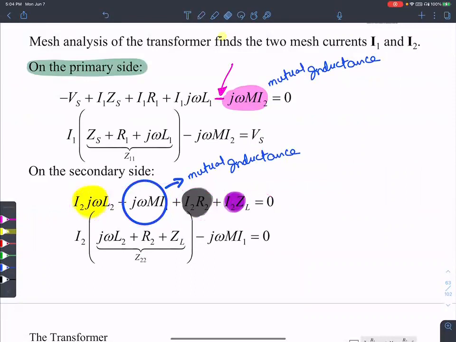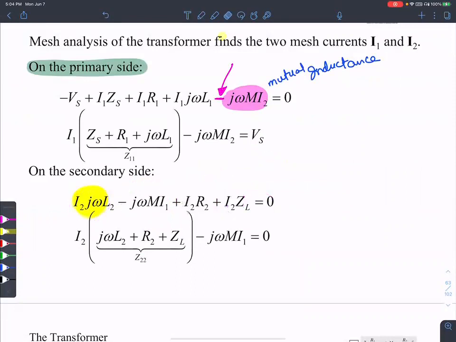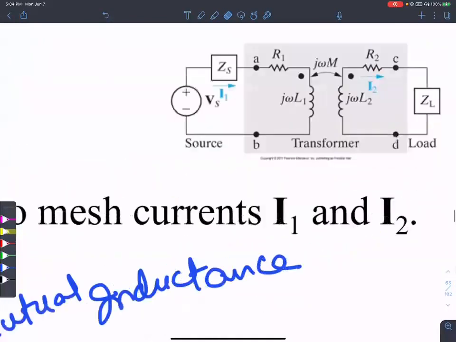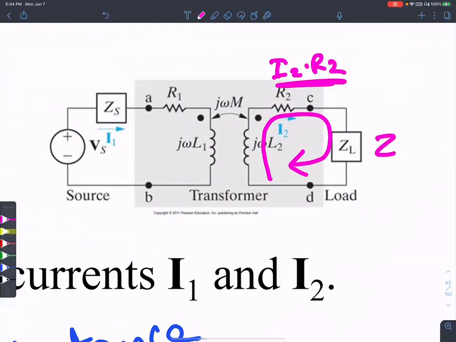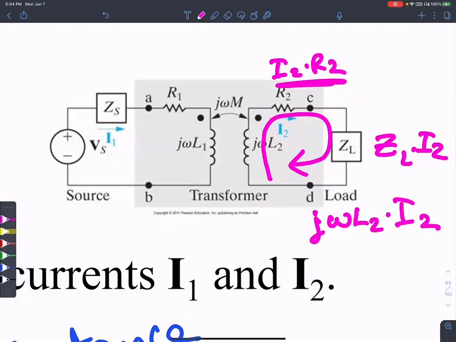What else? Let's try to follow this direction of the current. I2 R2 is easy to find out. ZL I2 is easy to see, and then there's a j omega L2 times I2. That's a term that's dropped here as well.